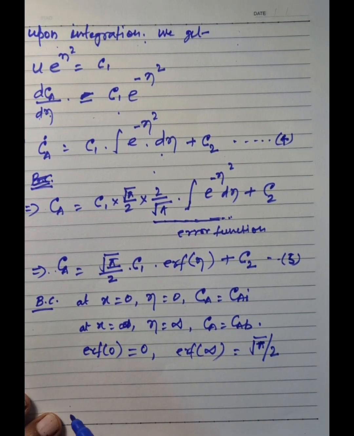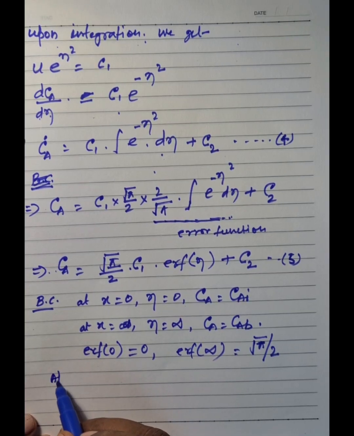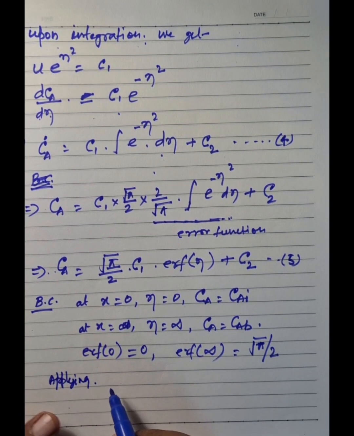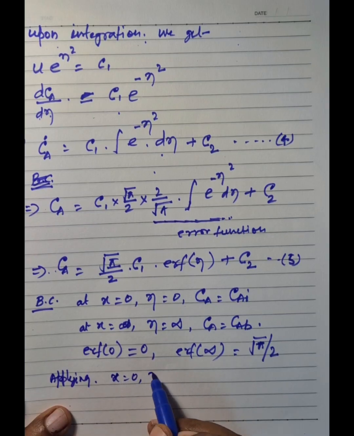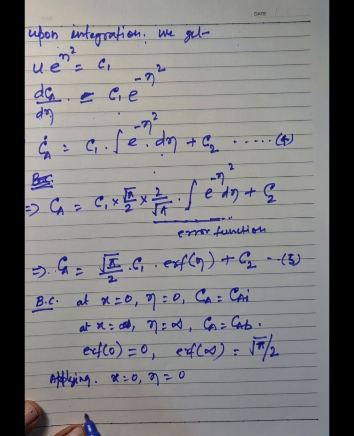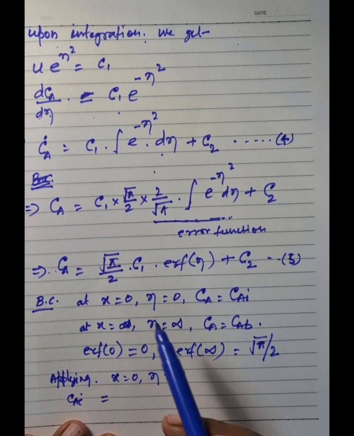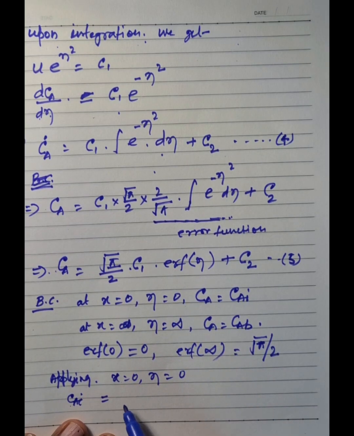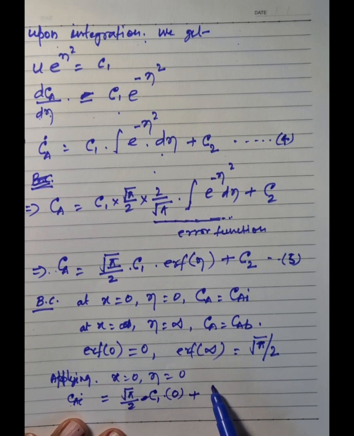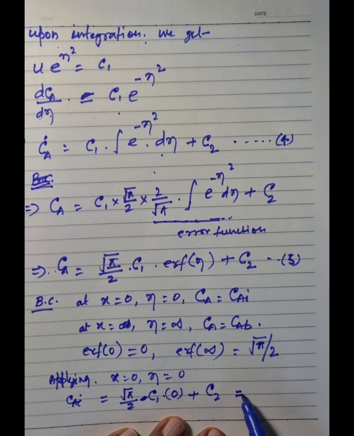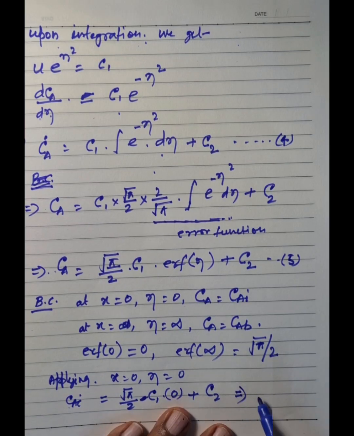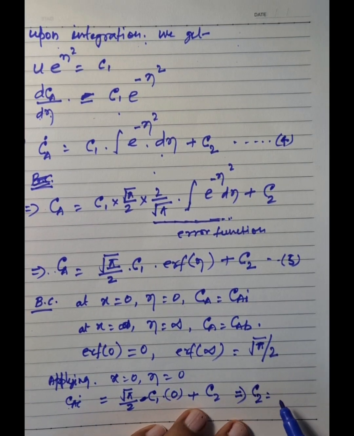So applying x equal to 0, that is eta equal to 0, we finally get CAI is equal to root pi by 2 into C1 into 0 plus C2, so this term becomes 0, that means C2 becomes CAI.